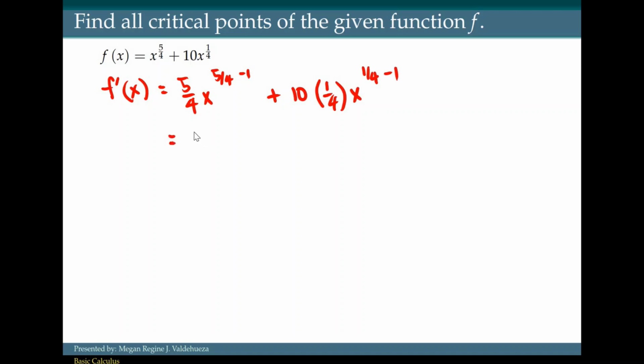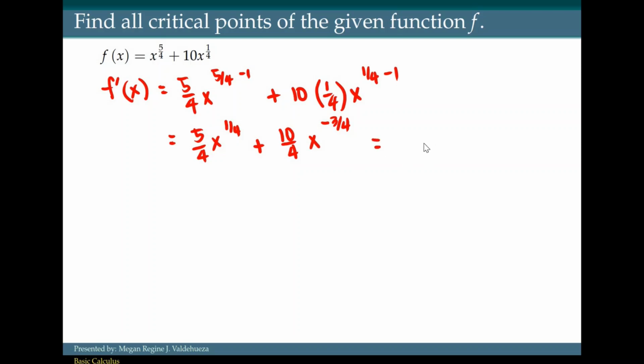So to simplify this one, we have 5 over 4 x to the power of 5 over 4 minus 1, which is 1 over 4, plus 10 times 1/4, that is 10 over 4 x to the power of 1/4 minus 1, that will give us negative 3 over 4.